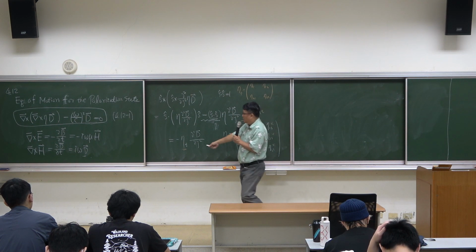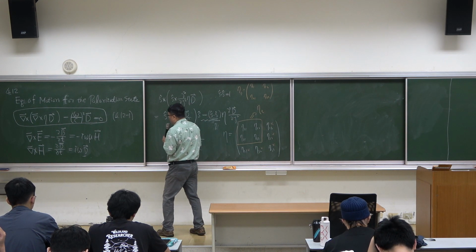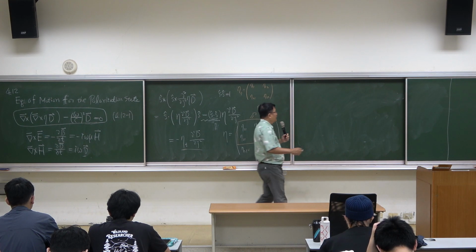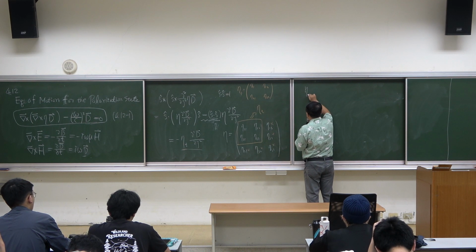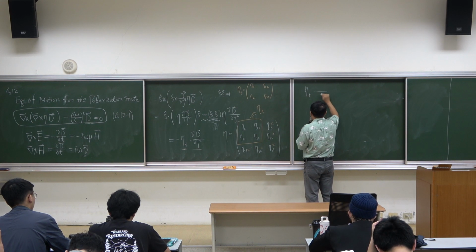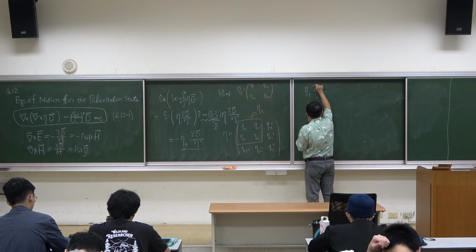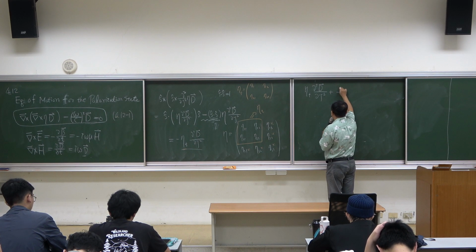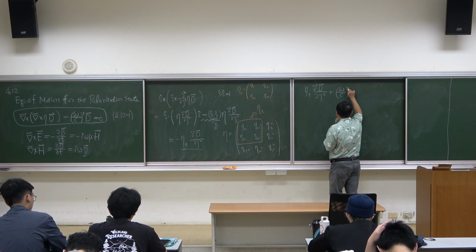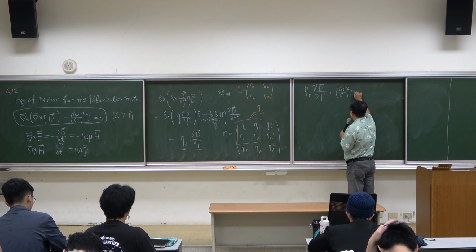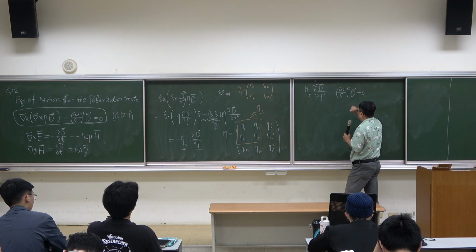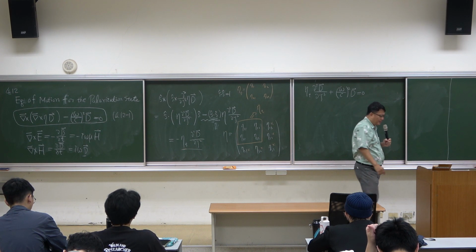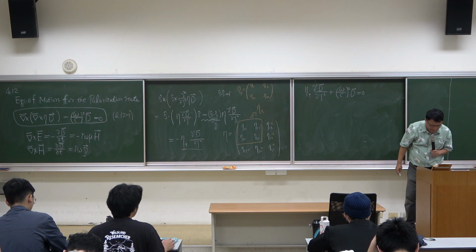According to this expression, we now have eta t times this plus something is equal to 0, okay?